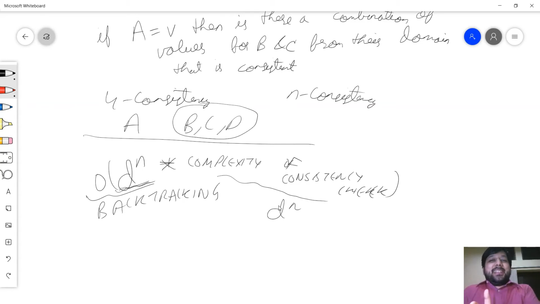However, the heuristic is exponential to calculate. Does that make any sense? No. Calculating the heuristic is so expensive that you would have solved the backtracking algorithm itself within that time. So the heuristic makes the time of the actual algorithm go away, but the heuristic is taking an exponential time, and therefore you settle for 3 consistency.